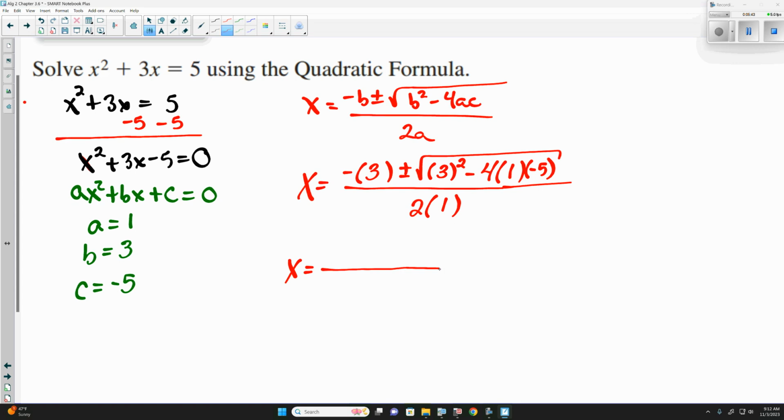Now we just need to simplify. The first thing we have is negative 3. The denominator is 2 times 1, which gives us 2. Now the next thing we can simplify is this 3 squared minus 4 times 1 times negative 5. I would do that all at once in the calculator.